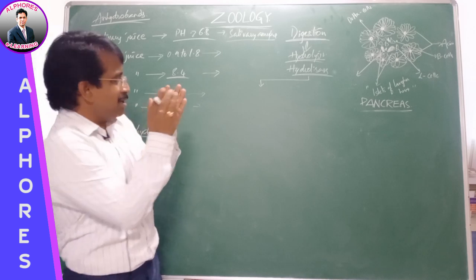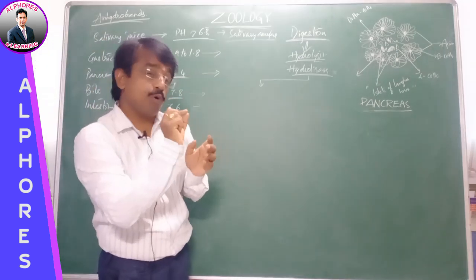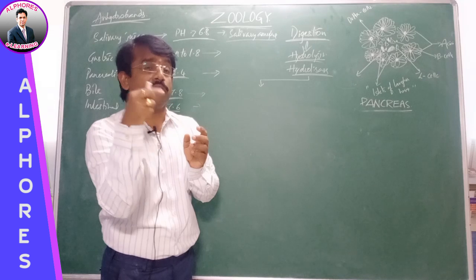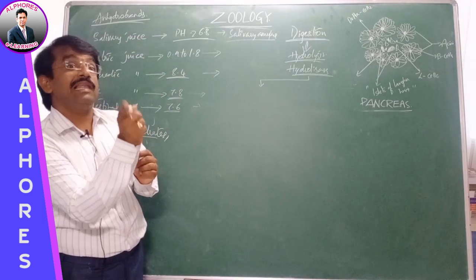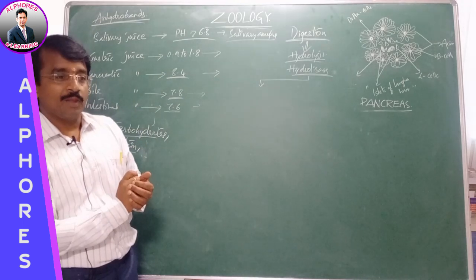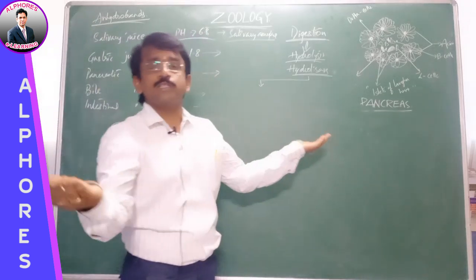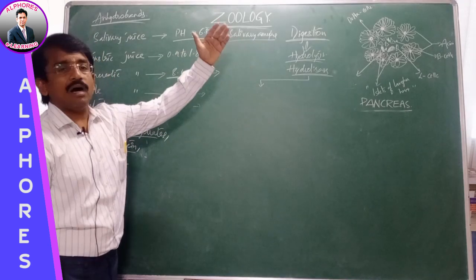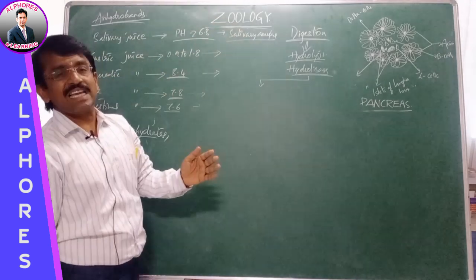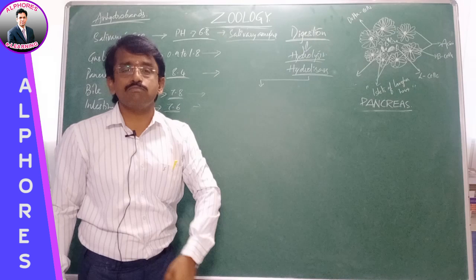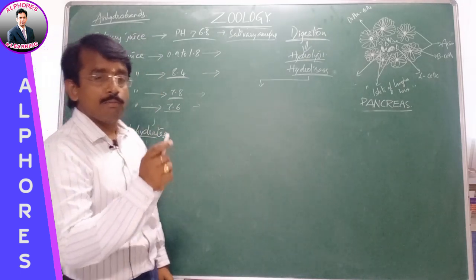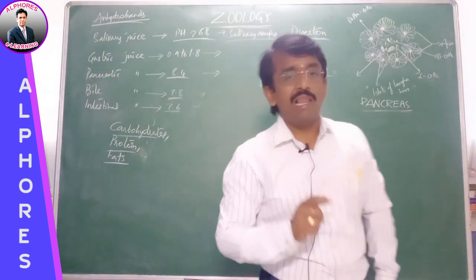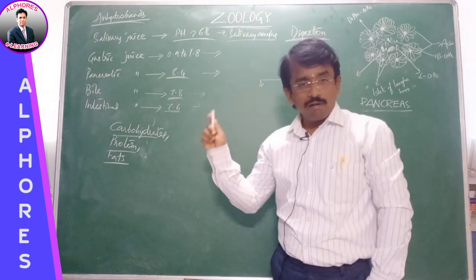Carbohydrases act upon the carbohydrates, proteinases or proteases on proteins, lipases on fats and lipids, and nucleases on nucleic acids. This is how the hydrolysis enzymes are named: carbohydrases, proteinases, lipases, nucleases.